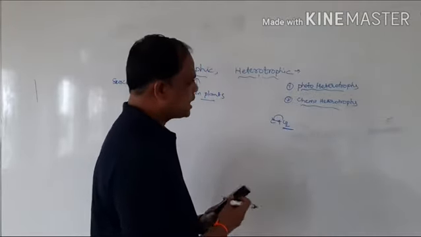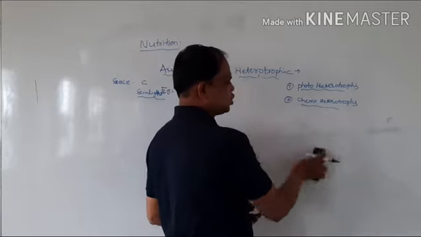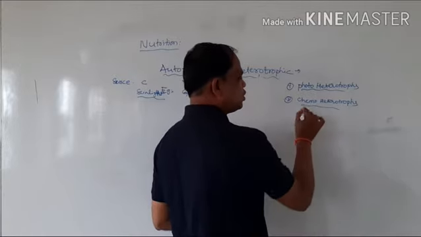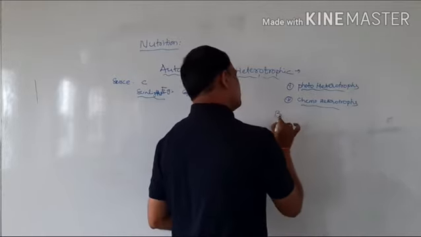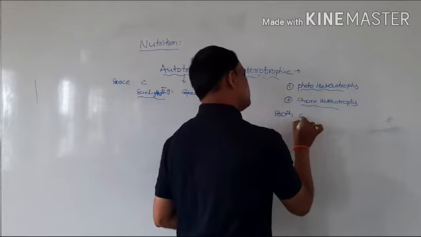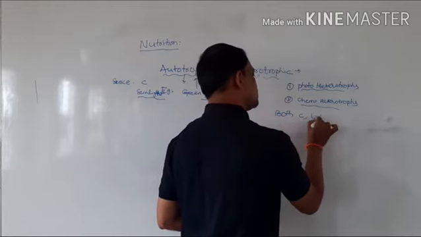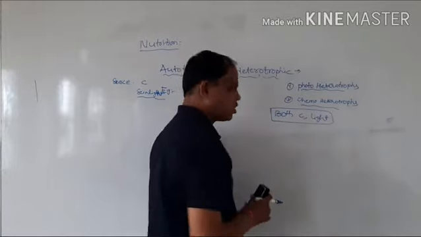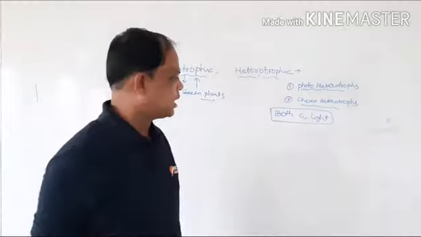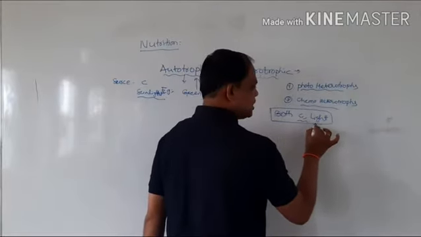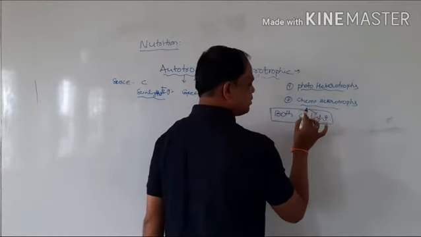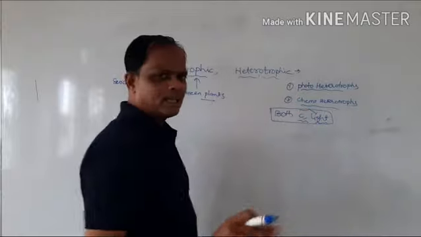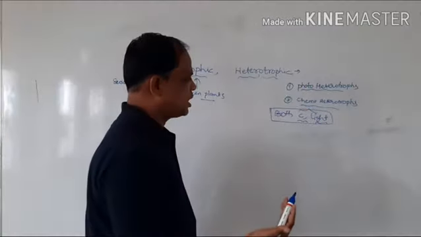And the next one is chemoheterotrophs. Here, both carbon source and light source, both of these sources are dependent on other organisms.